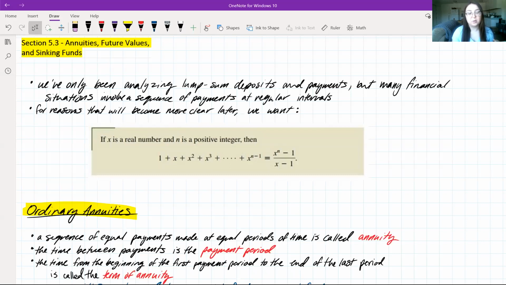We'll see that the equations later on are going to look a little more like this to represent that sequence of payments, because we know that not all financial situations are about dropping one lump sum and then making investments. There are a lot of situations that involve payments during every period, or maybe investments at different periods. And so that reasoning needs to be expressed in different equations.